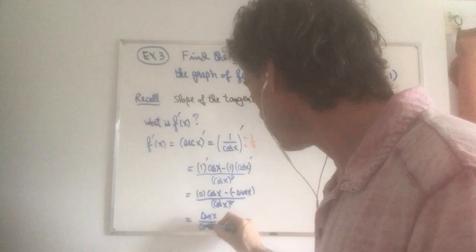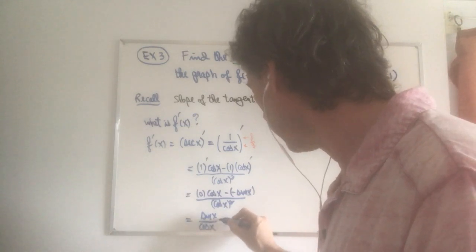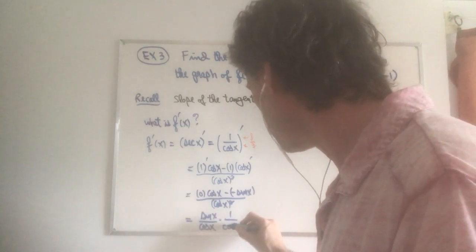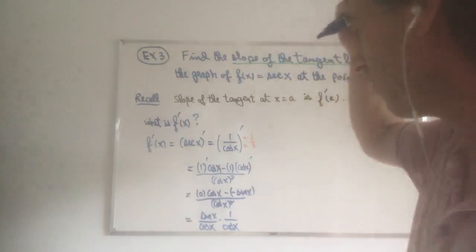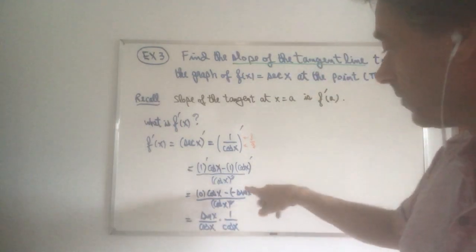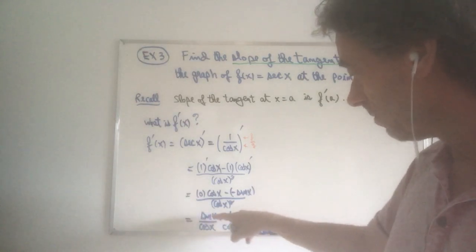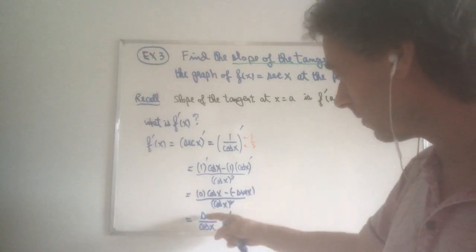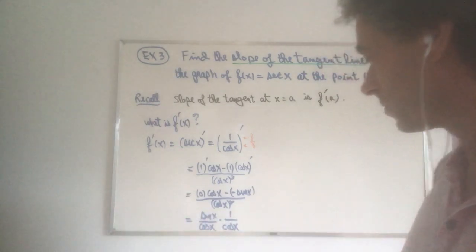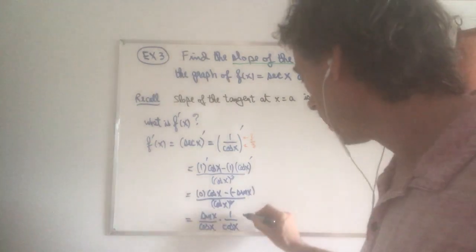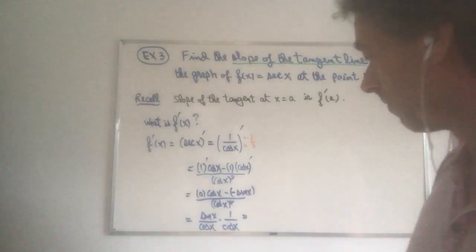And I'm going to write this in a peculiar way. Here's what I would like to do for the sake of simplifying. This is sine x over cos squared, okay? And so is this. This is sine x over cos squared because sine times 1 is sine, cos times cos is cos squared. And that gives us our derivative.